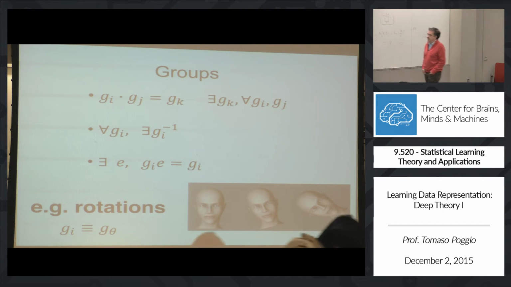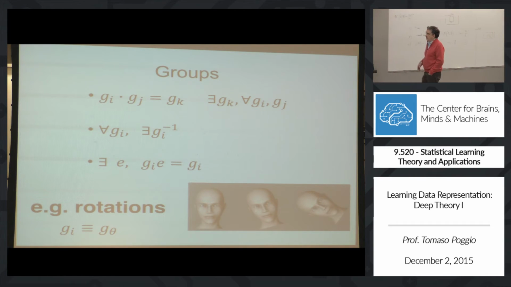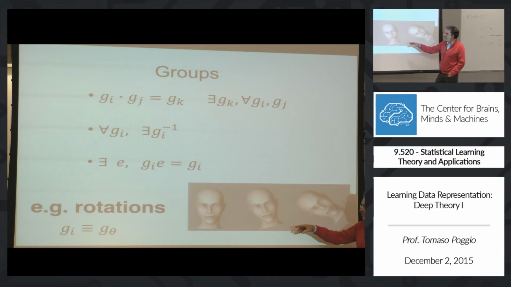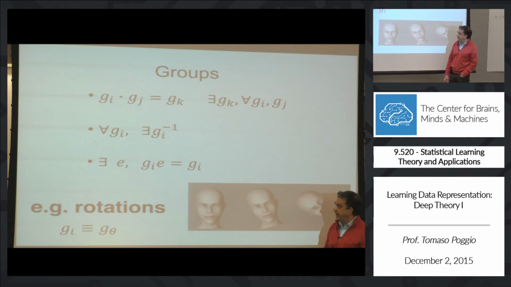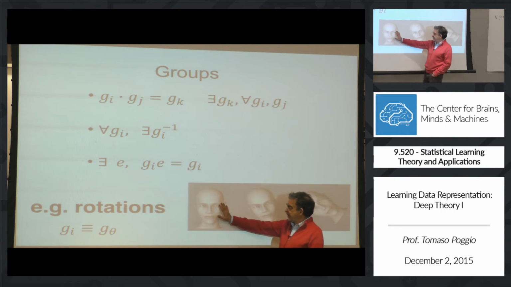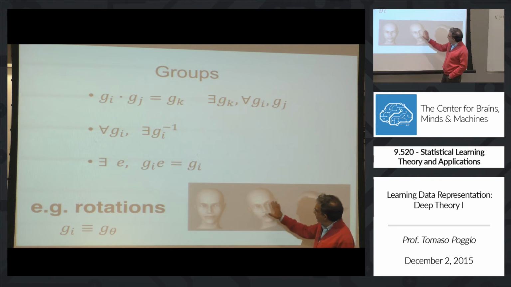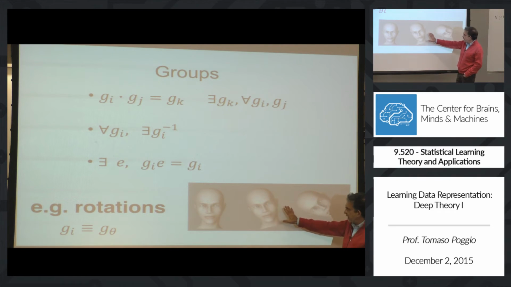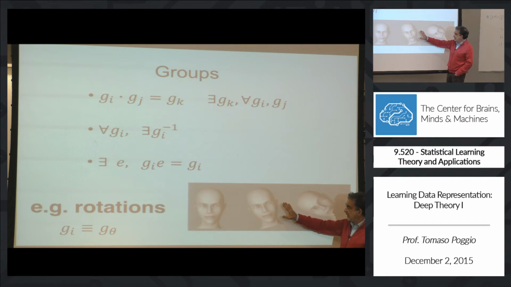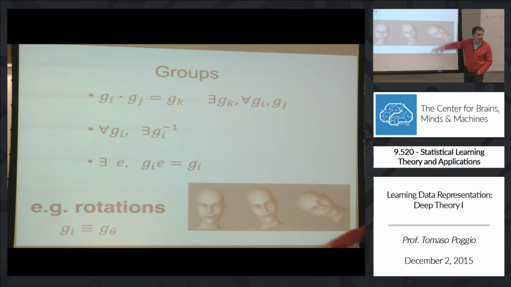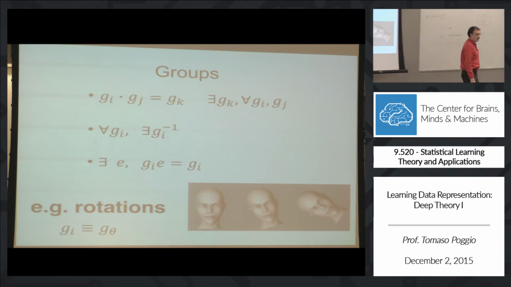For instance, an element of the rotation group in 2D could be rotate by 20 degrees. And if I apply again the same element of the group, it will rotate by another 20 degrees. Okay, that's one of the basic examples.